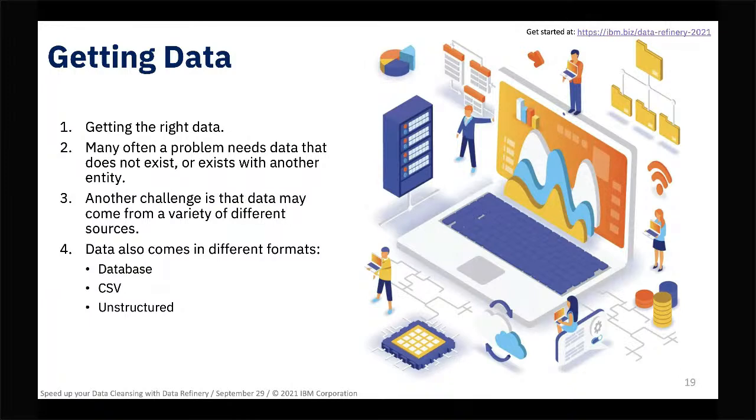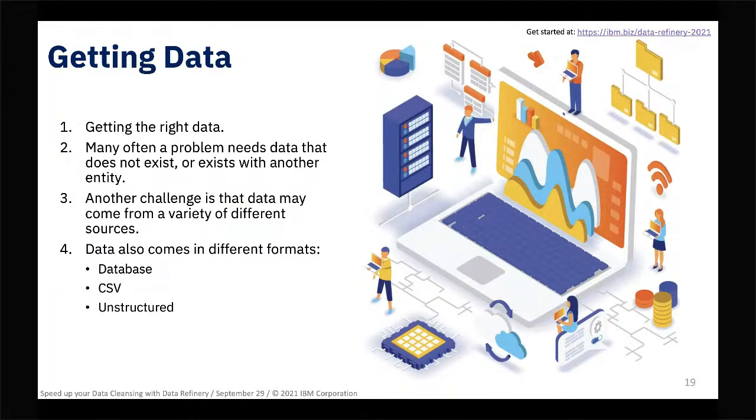Another challenge with getting the right data is that data can come from different sources, which would lead to issues, because it can be in different formats. For example, it could be coming from a CSV, or it can be in a JSON file, so it can be in different forms of structures.